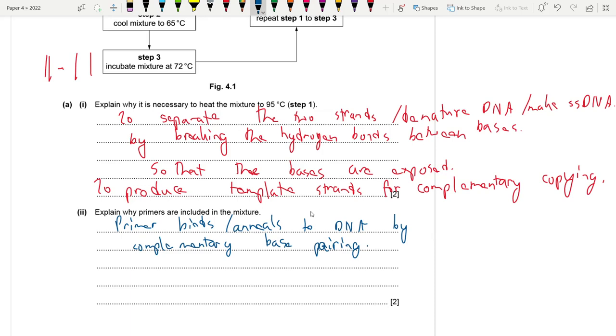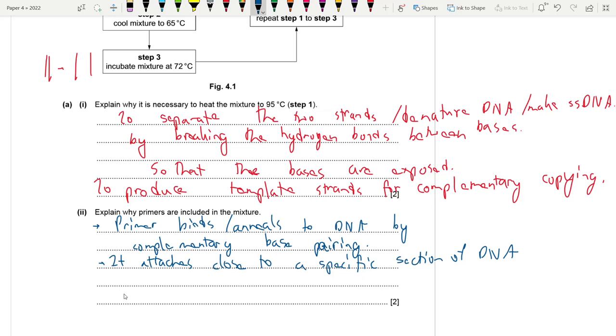So it doesn't attach anywhere, it attaches to a specific section. It attaches close to a specific section of DNA, right?